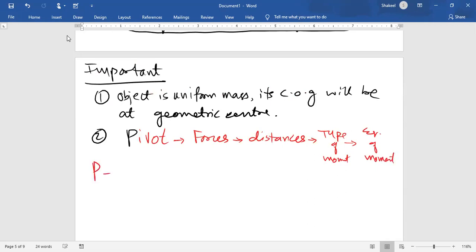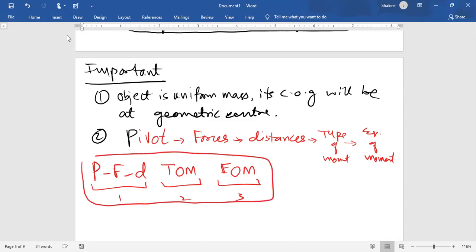So PFD, TOM, and EOM. PFD is pivot, force, and distances, TOM means type of moment, and EOM means equation of moment. You have to apply these to all moment questions in which 2 or more forces are acting on the object.